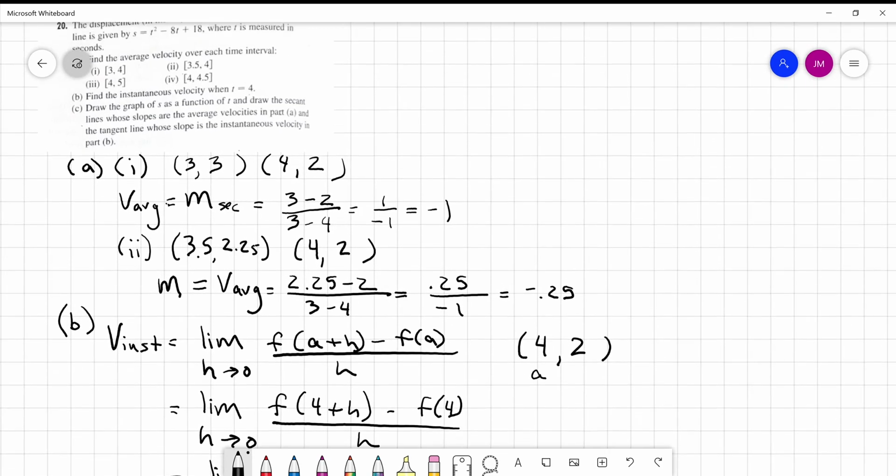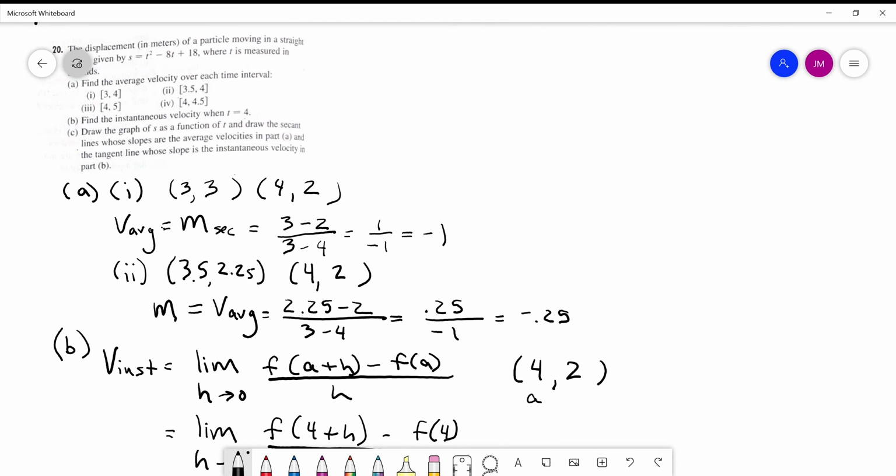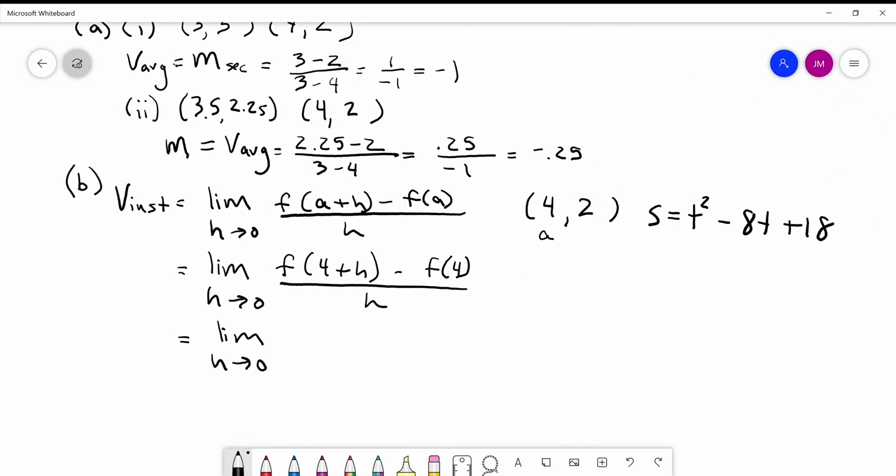You'll recall from the beginning, my function is t squared minus 8t plus 18. So I'm going to have 4 plus h quantity squared minus 8 times 4 plus h plus 18. This is the front half.